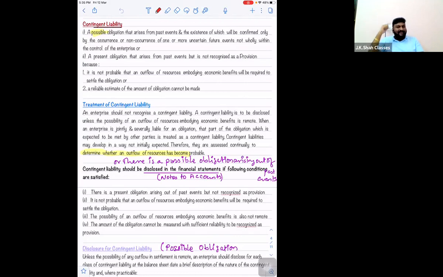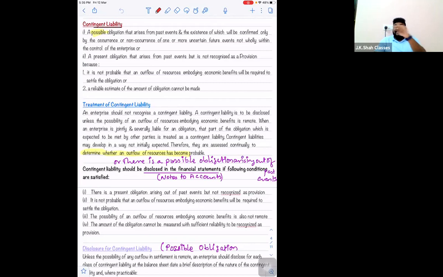So you have to now recollect AS4. If you recollect AS4, we have seen that an enterprise should try to gather all the information with respect to a contingency up to the date of approval of accounts by the board of directors. By whatever information they are able to gather, the management should decide the probability of outcomes of a contingency.